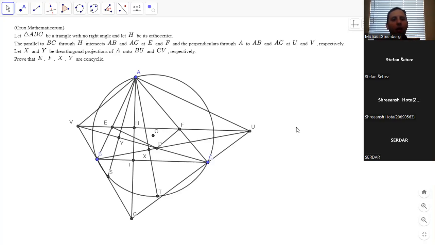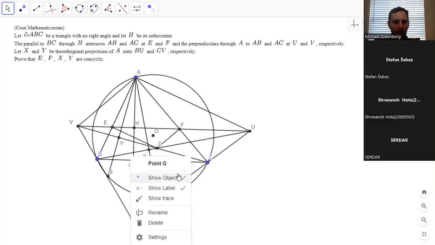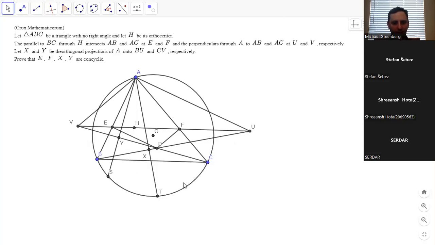So I think we can get rid of point G in that solution, right? Yes, that solves it.